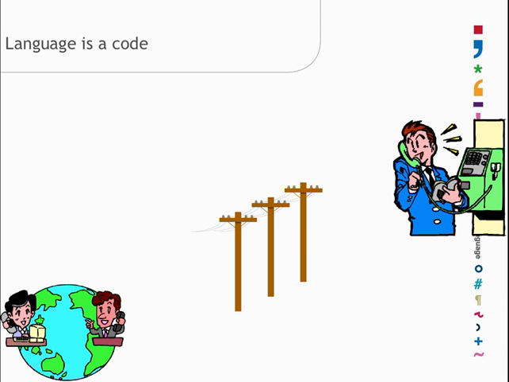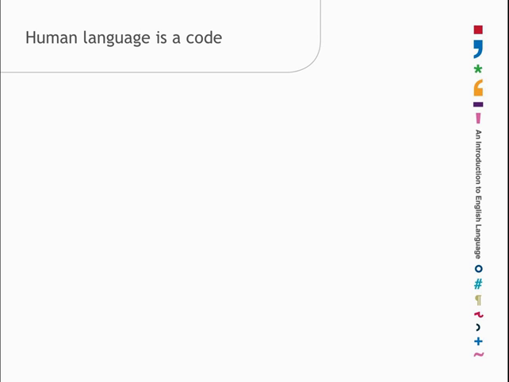All codes have symbols. I'll talk in the next section in a little more detail about these symbols, trying to unpack a little bit about what it is that makes a symbol a symbol. But a symbol is essentially a way of connecting a form to a meaning. If you think of the flags on old sailing ships, those flags conveyed a meaning.